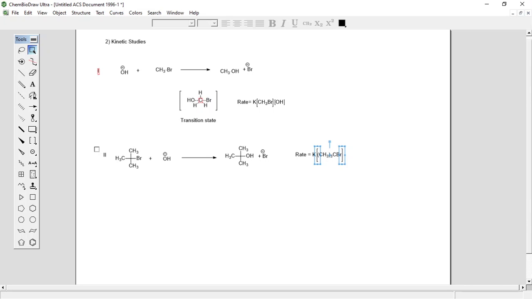Thus you can say that in the rate determining step only one molecule is involved, and both the alkyl halide and nucleophile are not involved in the same step. Thus this reaction must be a two-step reaction. So we'll see its mechanism.